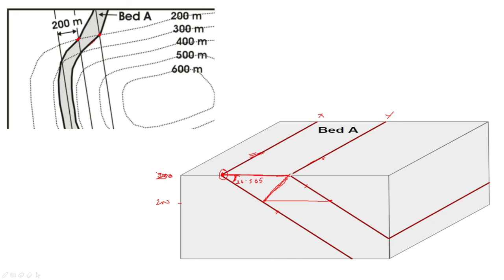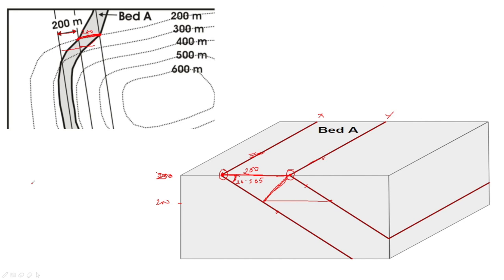This is the second point, and this distance should be perpendicular to this. So this distance is a perpendicular distance which is 200 meters. From here we come to know that this distance is 200 meters from the map. Now we know this distance.